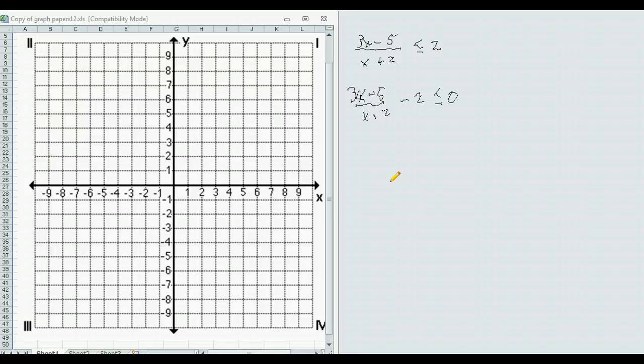It's factor over factor minus 2. So how are we going to put it in the form of one nice, beautiful fraction or rational function? We have to put it in just a big fraction bar. What's the common denominator, Brandon? Good, x plus 2.